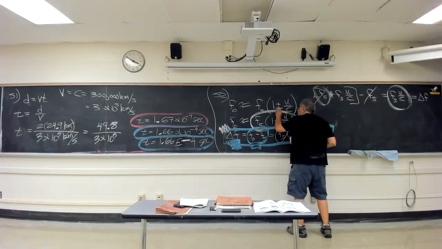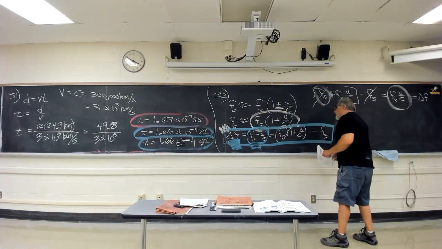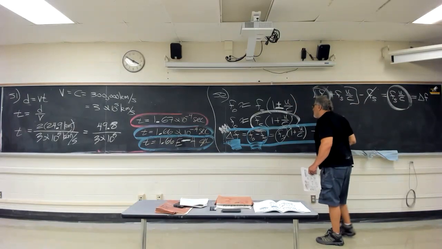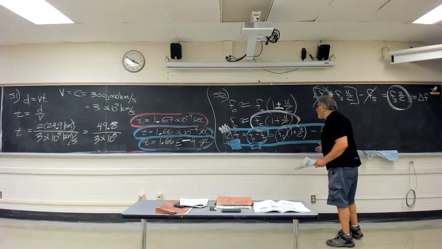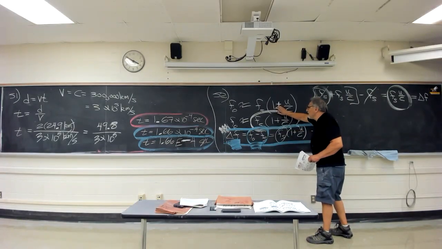You can write it generically with a plus sign, and the u is negative if they're going away from each other, and positive if they're going toward each other.